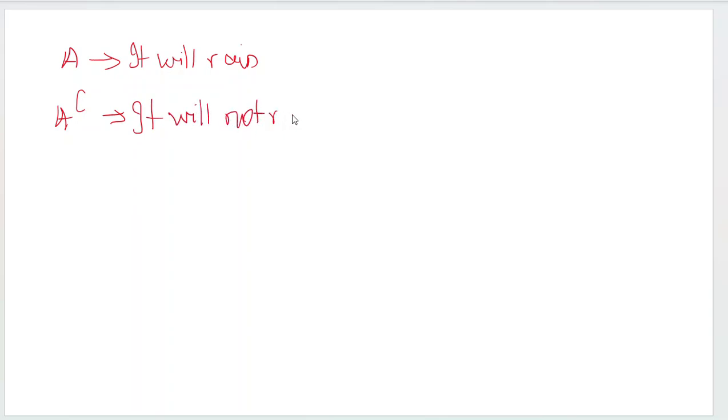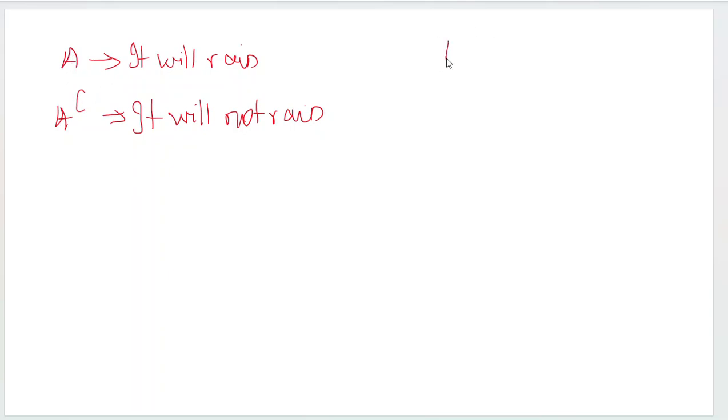First thing, suppose A is an event which says that it will rain today. Then A complement will denote it will not rain. In short, A complement does exactly the opposite of what A is doing.